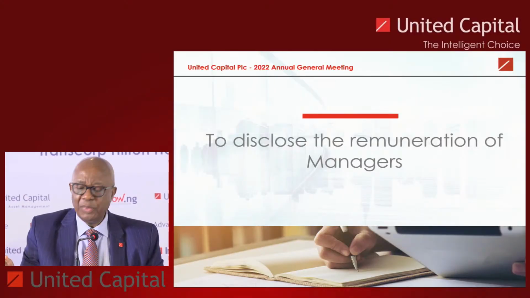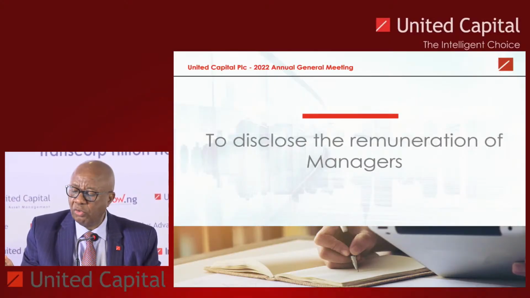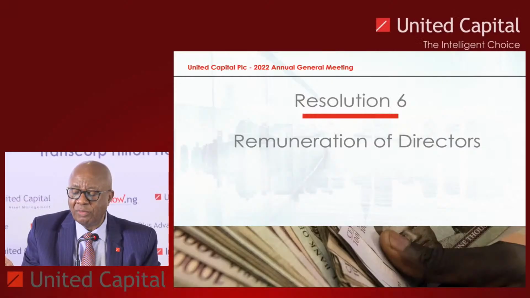The next item is to pass a resolution to fix the remuneration of directors of the company. Section 293, subsection 1 of CAMA 2020 requires the remuneration of directors to be approved in general meeting.